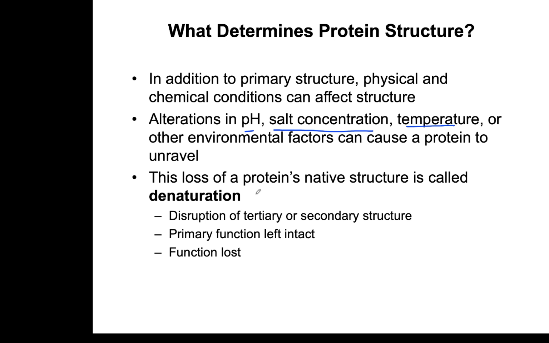We call that denaturation. I told you that the tertiary structure of a protein is very important in terms of function. The protein cannot fold properly. The tertiary structure of the protein loses its function. We call that denaturation. Disruption of a tertiary or secondary structure is called denaturation.